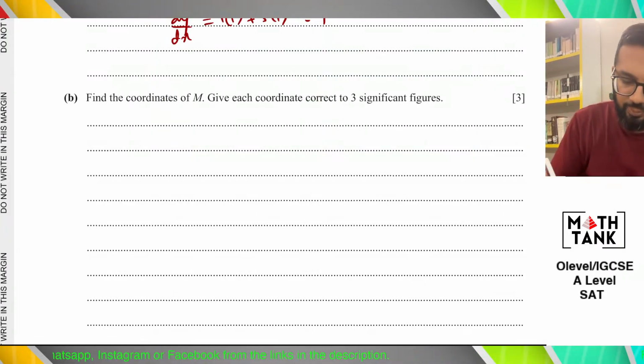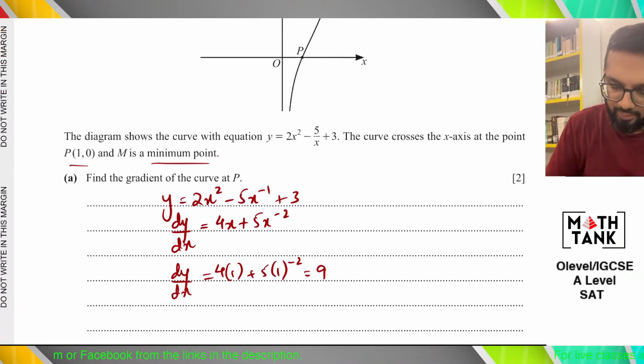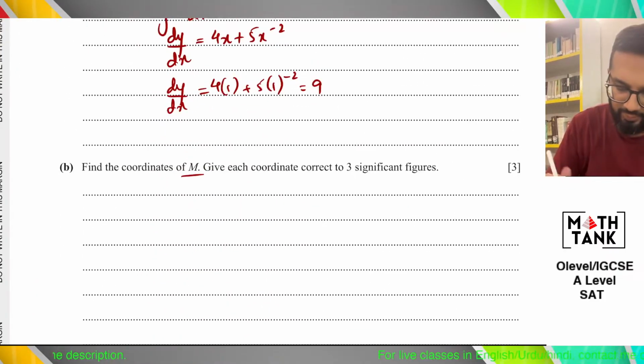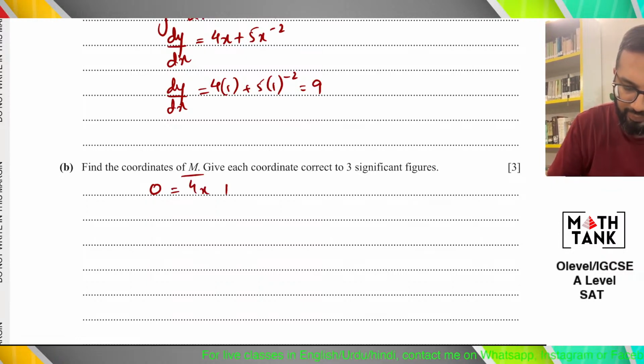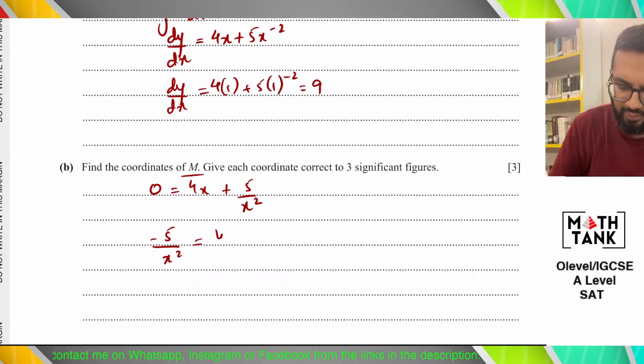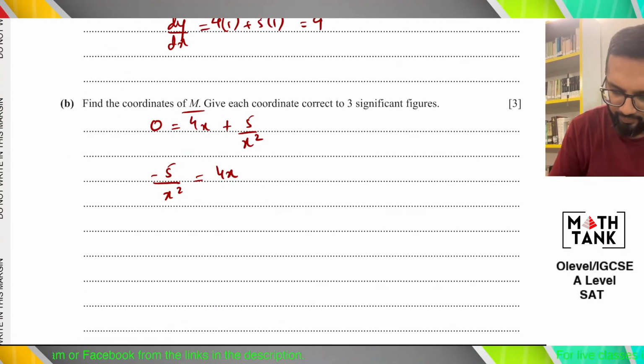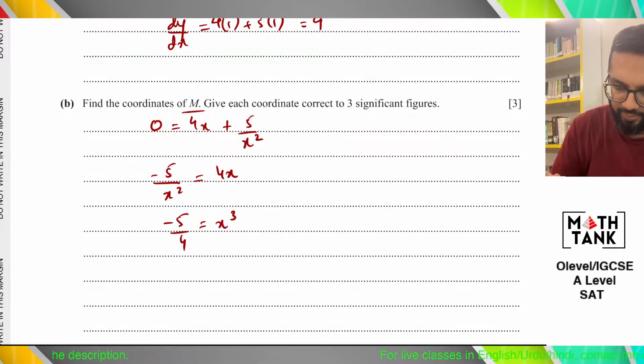Then it says find the coordinates of M. So M is the minimum point, so dy by dx has to be equal to 0. So 0 equals 5x plus 5 over x squared. Moving everything to one side, so minus 5 over 4 equals x cubed.